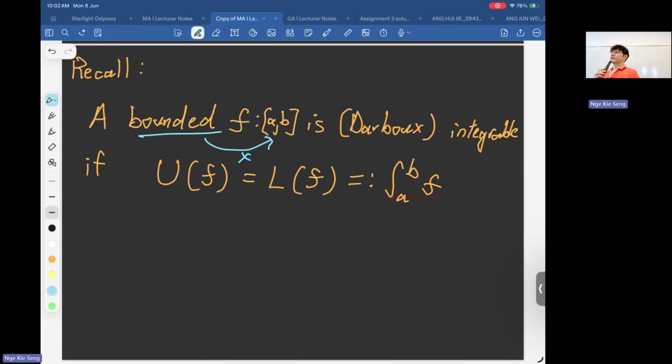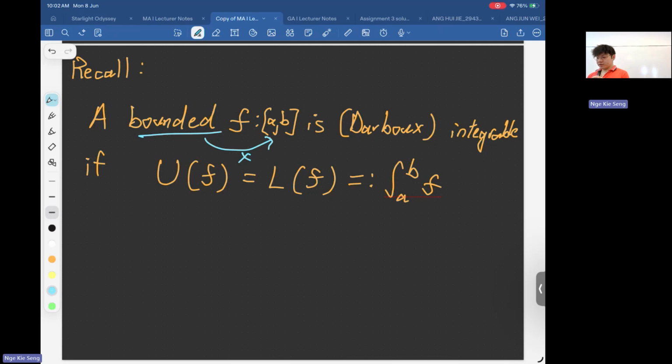Continuous and differentiable. So you need a continuous function. You can have a continuous function on a closed bounded interval, then you will achieve your maximum and minimum, so that your function is bounded. This is one way to do it, although a bounded function might not be continuous. Meaning a continuous function on a closed bounded interval is always integrable.